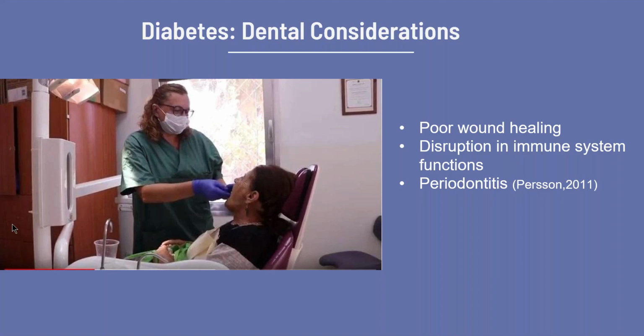Lastly, research shows that gum infections known as periodontitis make the status of diabetes worse in diabetic patients. It is because of the inflammation of the gum tissue, which causes an increase in inflammatory mediators.